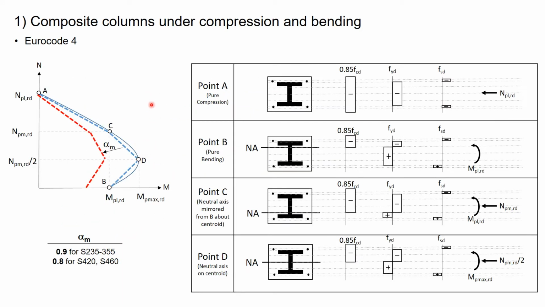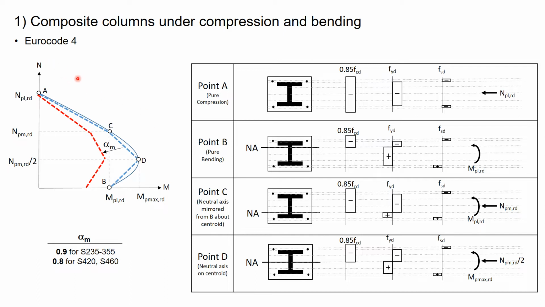So, composite columns under compression and bending in Eurocode 4. As almost any code, Eurocode 4 also uses interaction curves to assess the capacity calculation of composite columns. The interaction diagram has the typical shape as shown on the left. On the x-axis it has the moments, and on the y-axis it has the axial force.